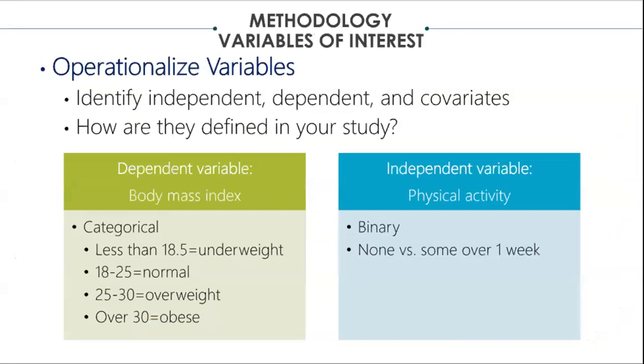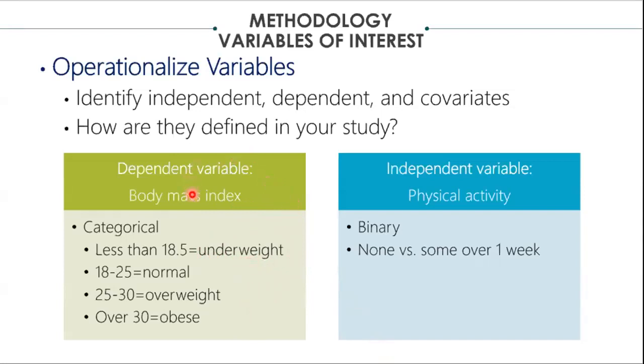Next, you will continue your methodology by talking about the variables that you're going to be studying. So here on the slide, I have a quantitative example. In this case, I'm defining the independent and dependent variables that are going to be studied through this research. So in this case, we are looking at body mass index as a dependent variable, and this is going to be measured categorically with each different BMI range being categorized as underweight, normal, overweight, or obese.